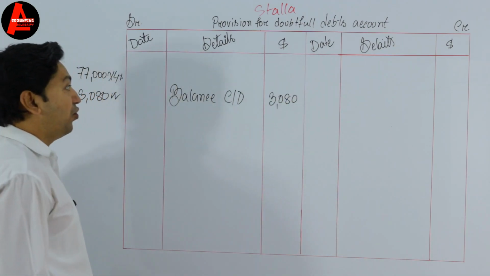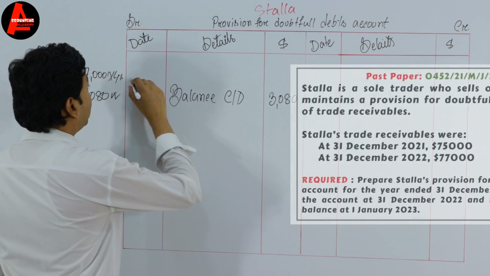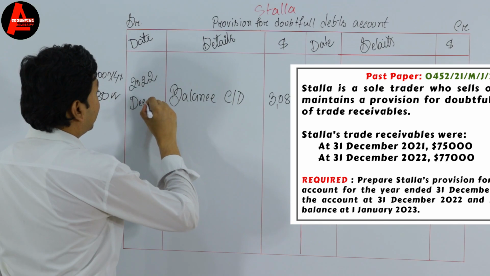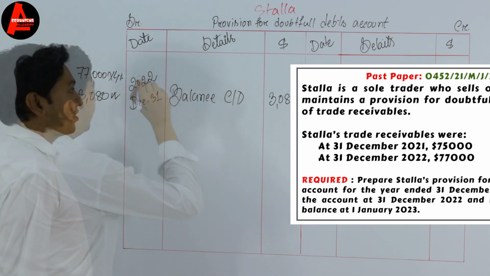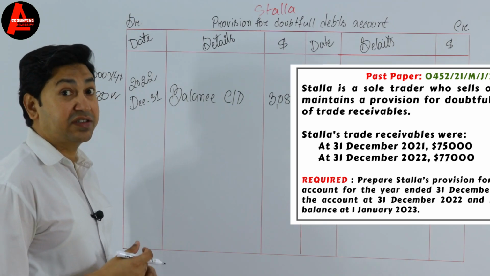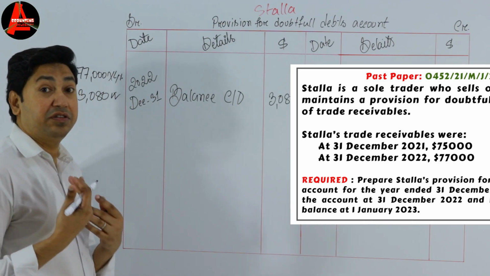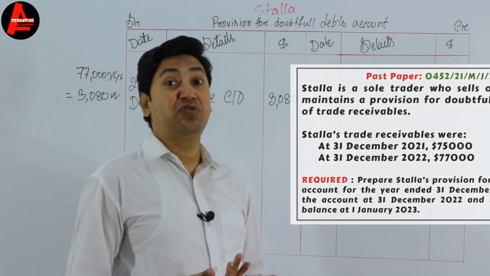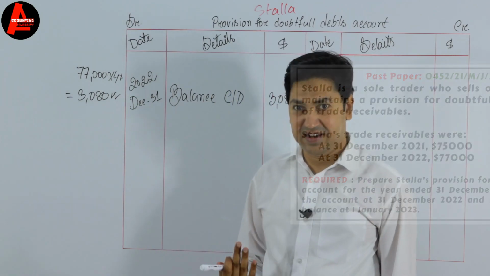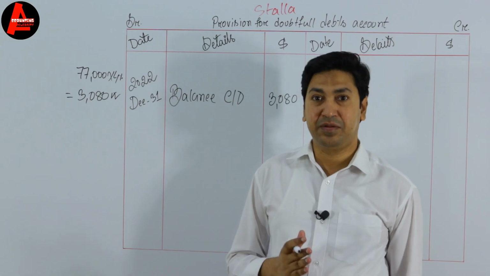So here we calculated $3,080. When we calculated this amount, we calculated on 31st December 2022. Now we have one more balance, trade receivable $75,000. We have it on 31st December 2021, right before 1 year. That balance was the opening balance.